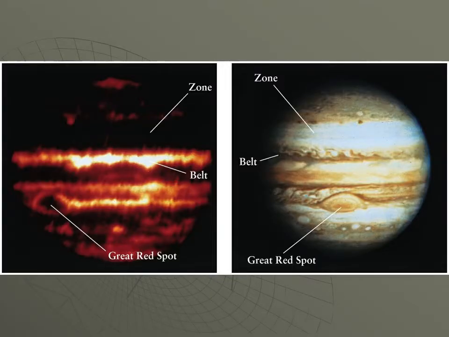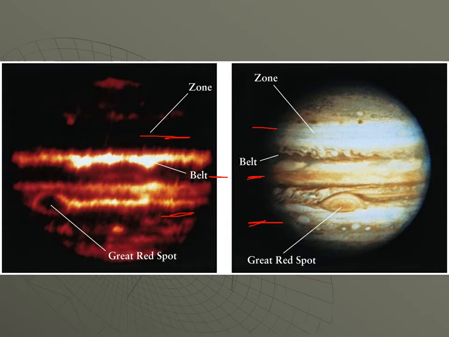And this is actually an infrared view of Jupiter. In the infrared view, what you notice is that at the places where you see the zones, that's going to be dark here. The zones are going to be dark because you're seeing regions, again the equatorial zone is going to be dark right there, where you have these very high altitude clouds, which are very, very cold.